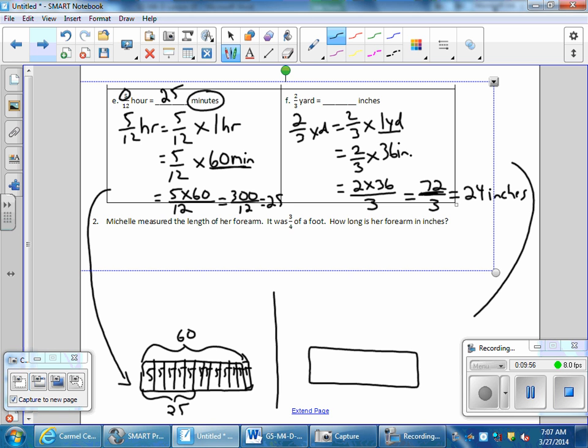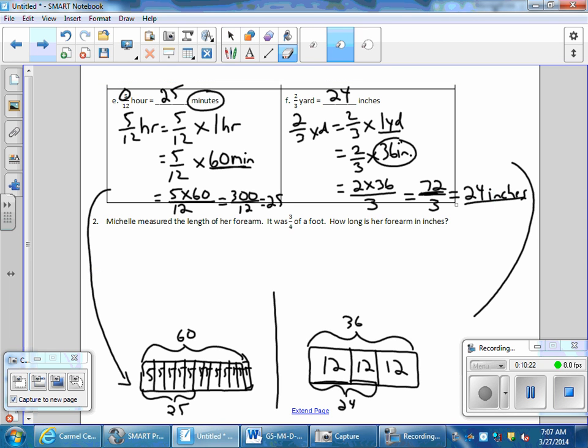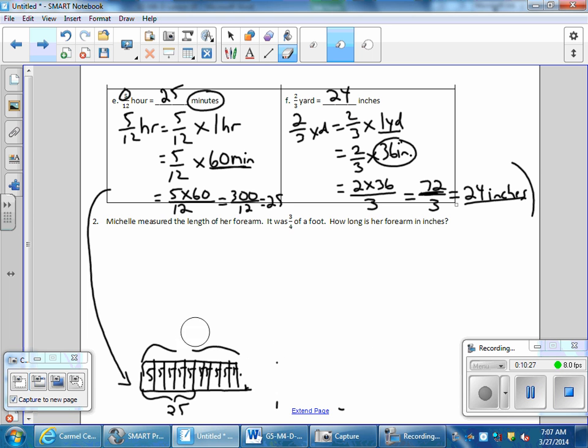Taking 36 inches, which is my 1 yard, dividing it by the denominator of 3. 36 divided by 3 is 12. 2/3 of that is 2 pieces, which is 24. 24 inches. Alright, get rid of this so I can work on question number 2.